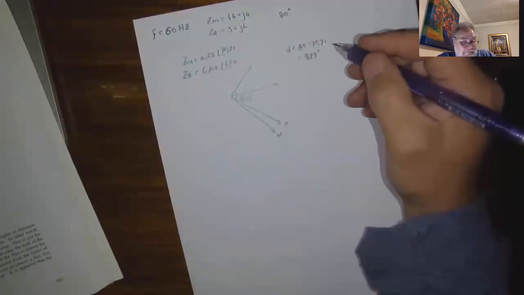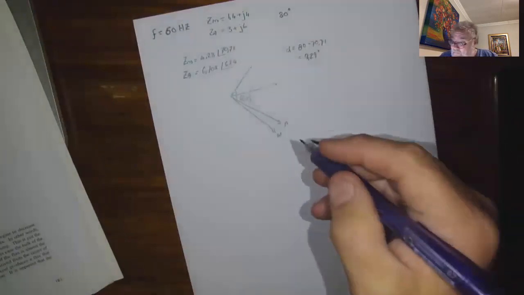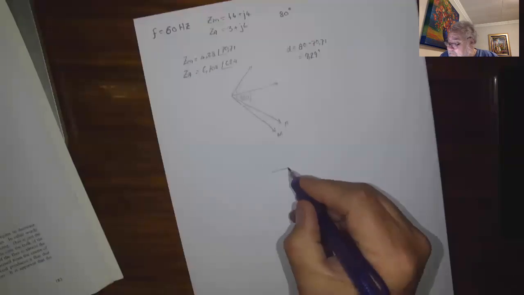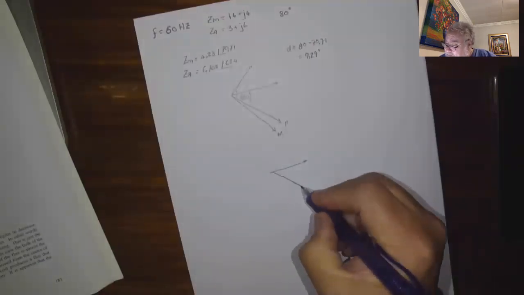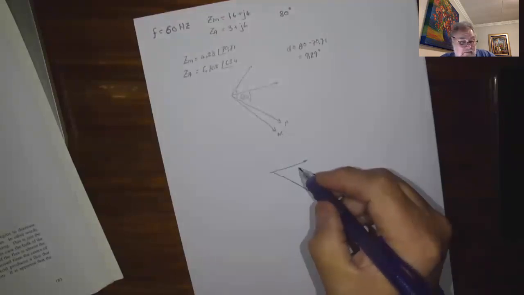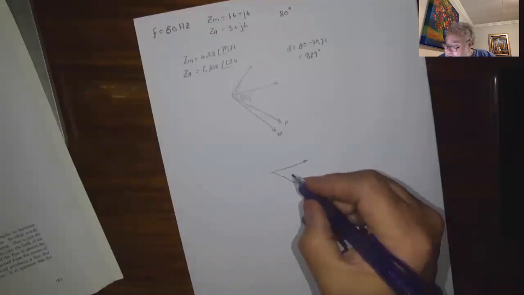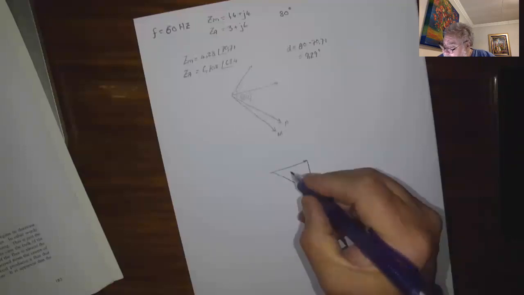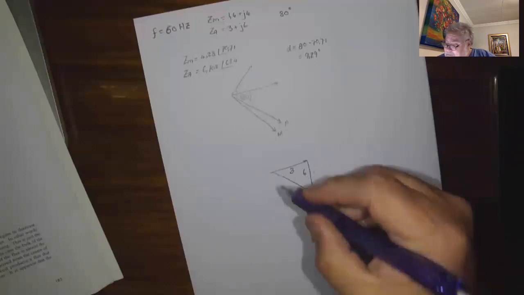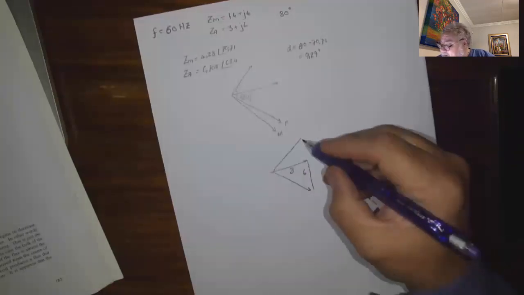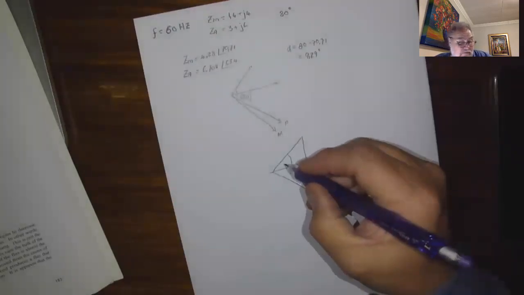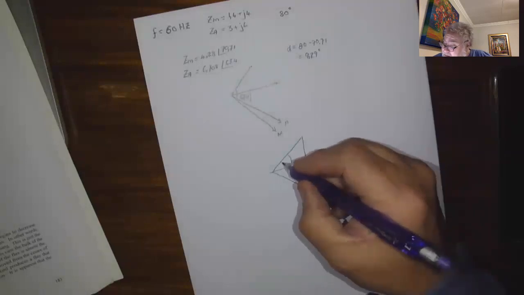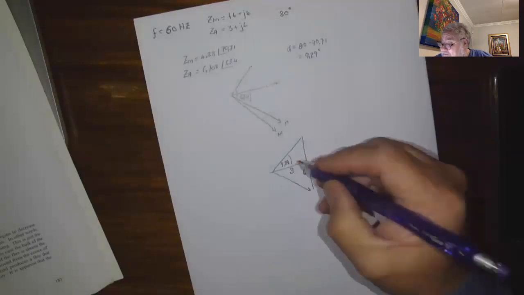Okay. So if we look at it now, there we have the main winding, and the auxiliary is 3 plus J6. And now we have to find that value there, the angle of 9.29 degrees.